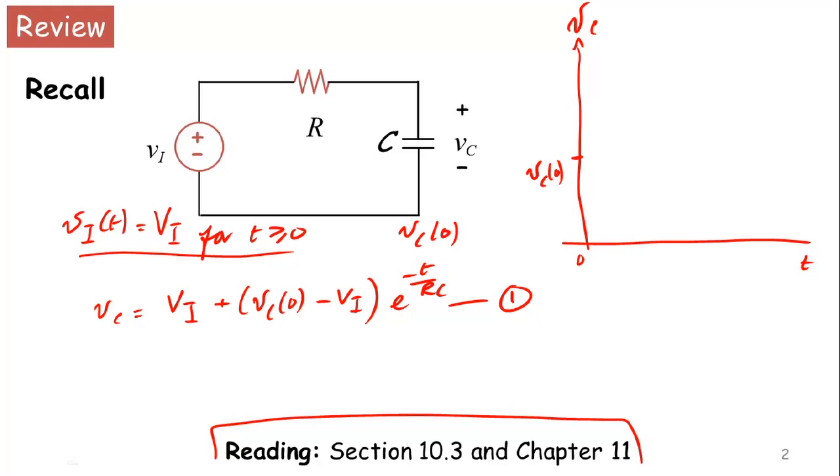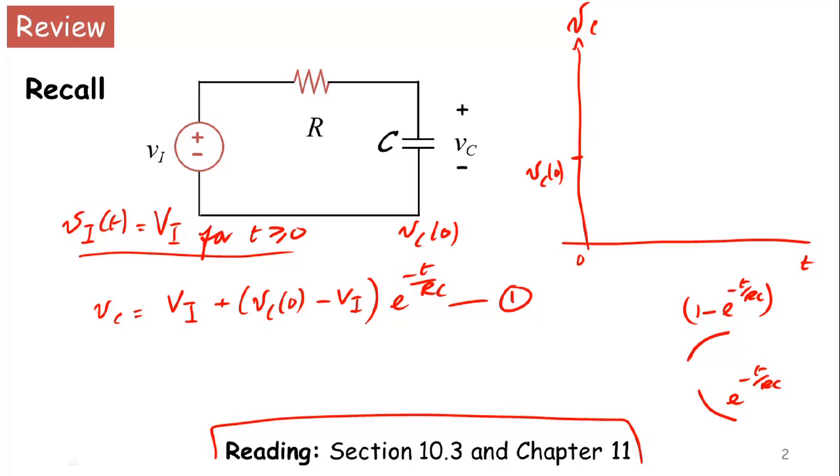Now given that value, there were two forms in which the capacitor behaved. One was a form that went like this, and second was a form that went like this. The form that went up was characterized by the equation 1 minus e to the minus t over RC, and the decaying form was given by e to the minus t over RC.